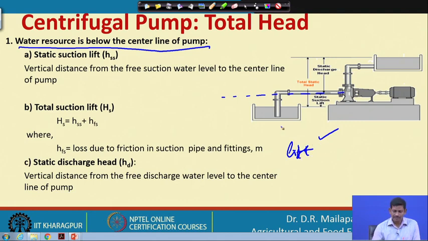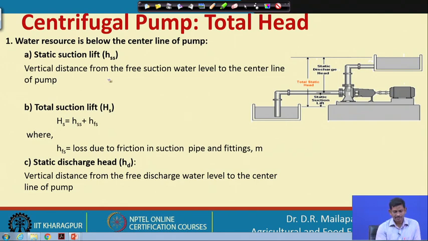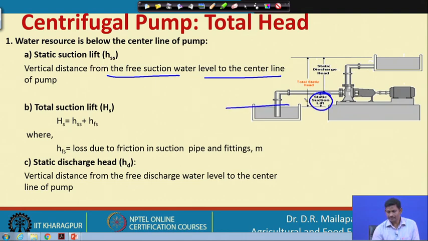The static suction lift is the vertical distance from the free surface of the water level to the center line of the pump. We already defined this in the previous lectures. So, this is the static suction lift, from the center line to the water surface.